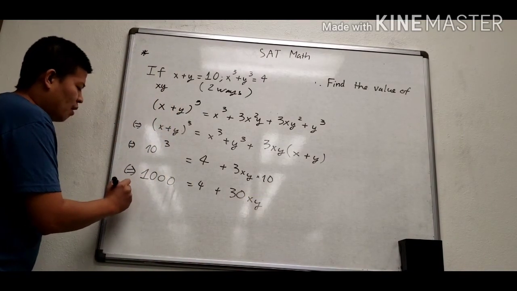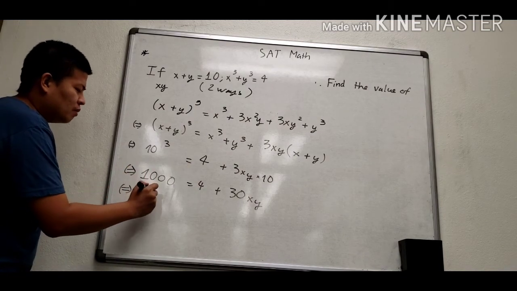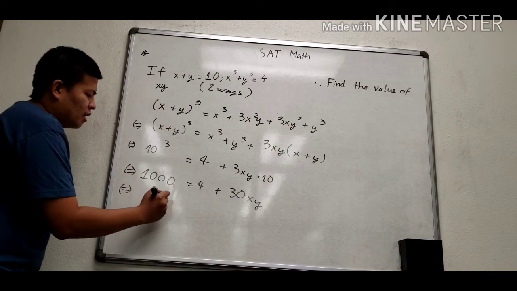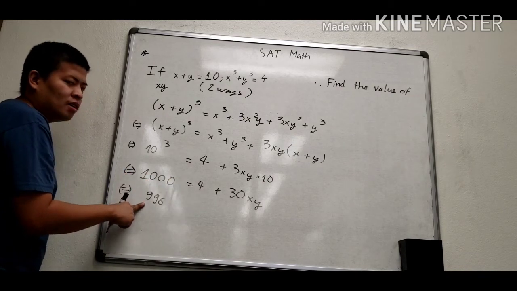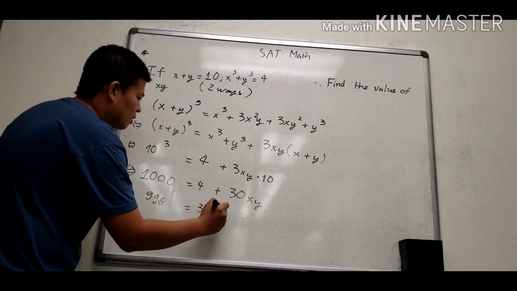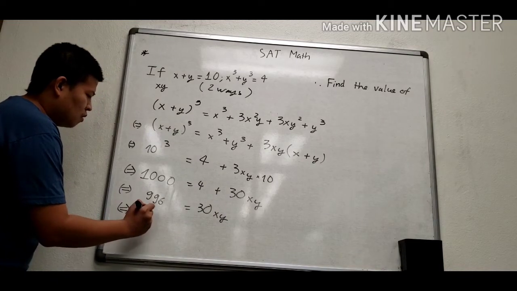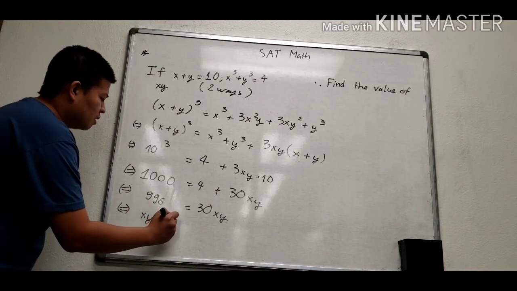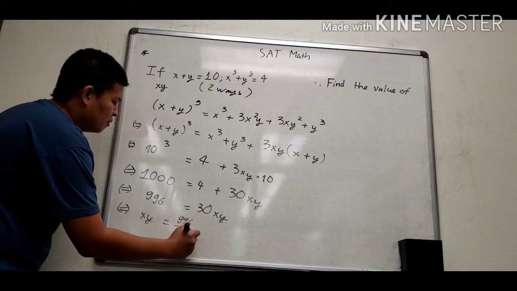So we have 1000 and we have number 4. Number 4 goes to the left, which is about 996 because 1000 minus 4. So you got about 996 equal to 30xy. So xy will become 996 divided by 30.